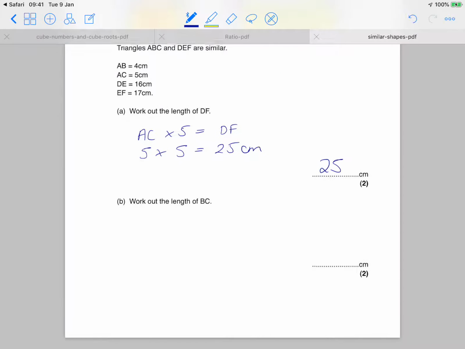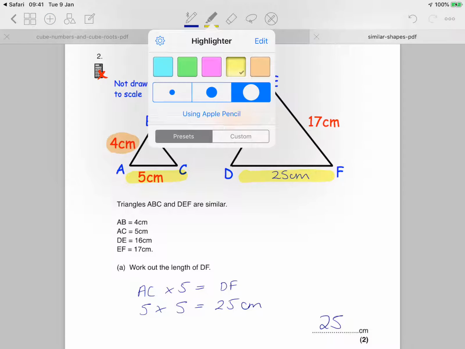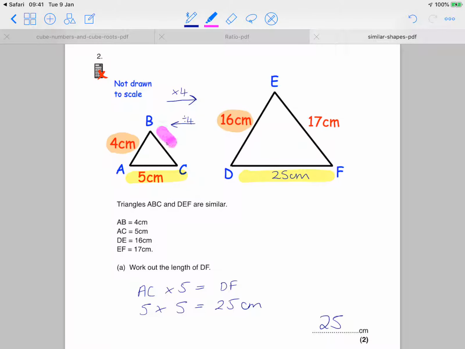In part B, underneath, they want me to work out BC. So I need to see what sides correspond for BC. BC is here, goes with that 17 centimetres there. So as I'm working from the large triangle back to the smaller triangle, this time I've got to divide by 4.